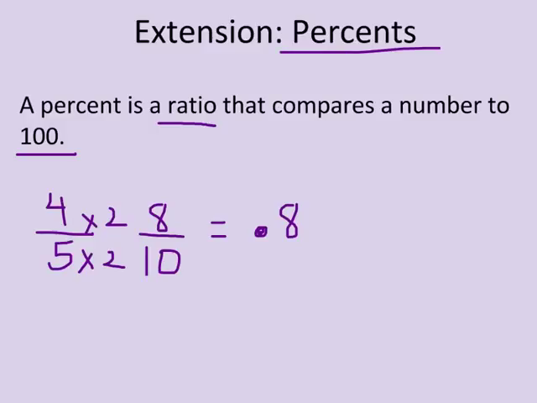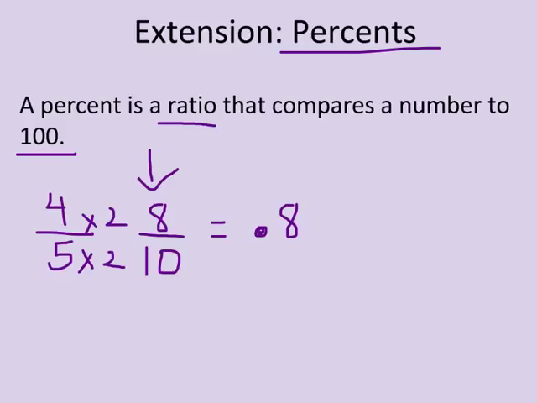Now let's turn this decimal into a percent. How do we do that? Well, we just said that a percent is a ratio that compares a number to 100. So if I can get the denominator to be 100 in my fraction, then maybe I can figure out what the percent is.